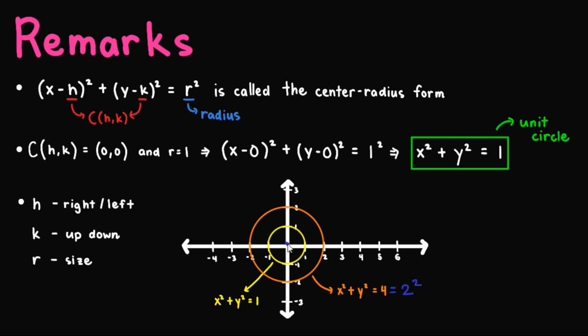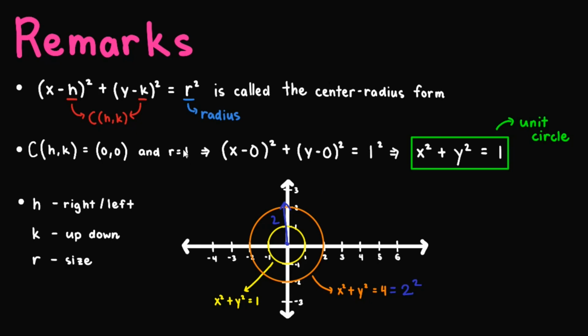So clearly out here, this is 2 units. So as you can see, by increasing the radius, we were able to magnify this unit circle out here. So that is the idea upon changing the value of r. If you want to make the circle smaller, you can decrease the value of r.